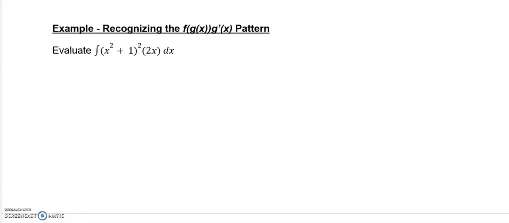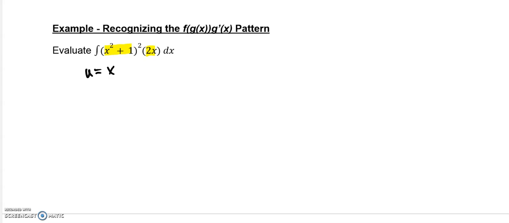Let's look at this example here. You notice, first of all, you have an outside-inside function. The inside function is your x squared plus 1, and then your outside is 2x. So think about your inside function being your u.